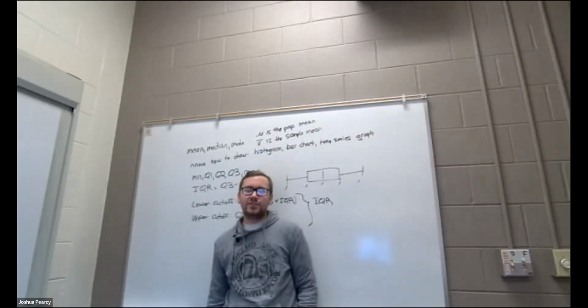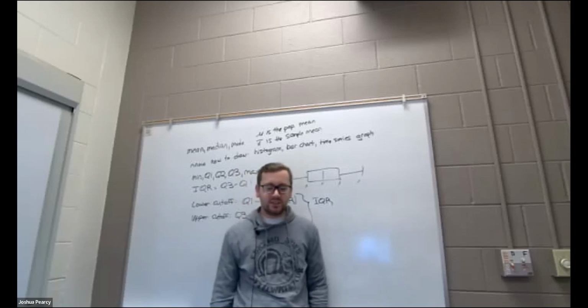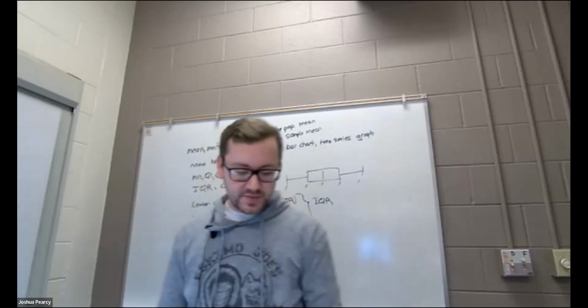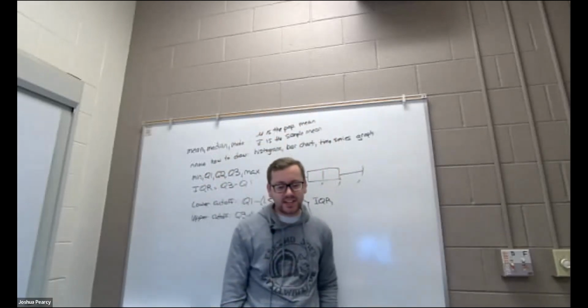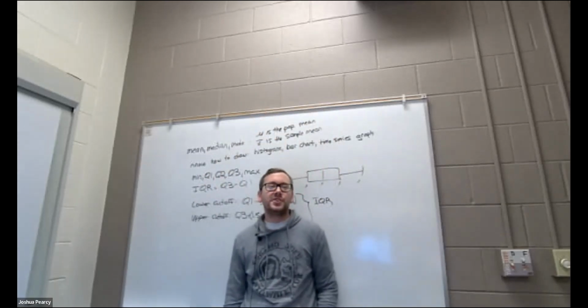It's called the coefficient of variation. So know how to find it and how to interpret it. All you do is, the higher the coefficient of variation, the more variability. That's it.